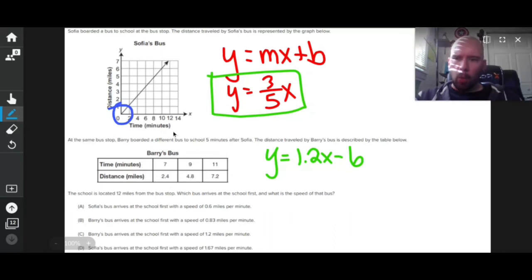So it's talking about where they're 12 miles away. Let's ignore that first. Let's look.